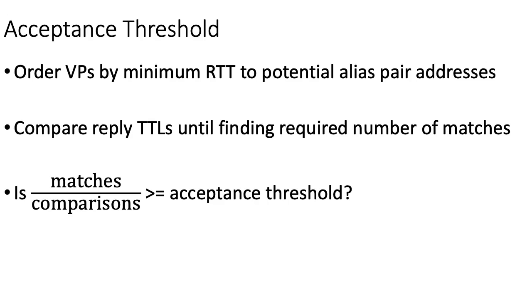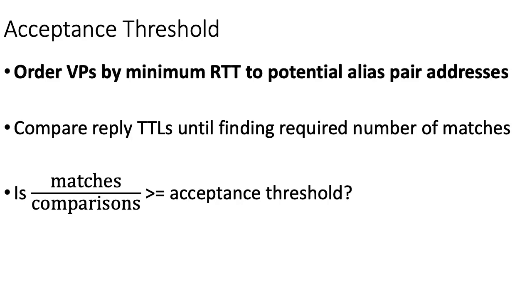So now I'm up to the second parameter, the acceptance threshold, which is a little easier to understand. It dictates how many comparisons are allowed before we reach the minimum match threshold. For an alias pair, I sort the vantage points by their minimum round-trip time to either of the addresses in the alias pair. I do this because I normally expect that vantage points closer to the addresses are better discriminators than those further away.